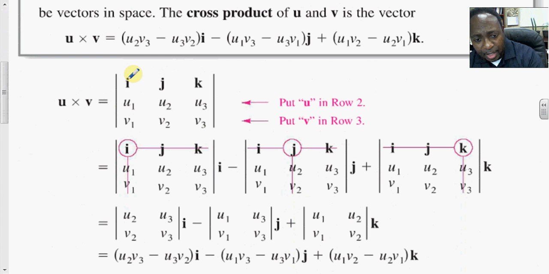Here they are expanding along the first row, so they put the i, the j, and the k terms there. So you come to the i, you delete the i row and column. You come to j, so it's minus. Delete the j row and column. See how they have it here for you? Pretty cool. You can't beat the book.